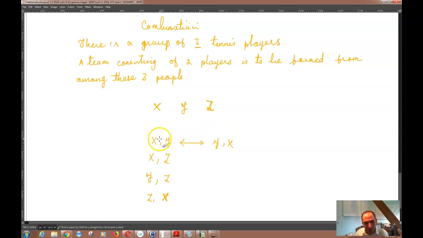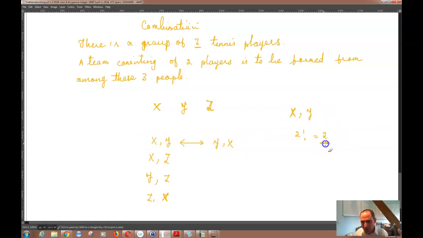For example, if I were to ask you what are all the permutations of x and y, you have x and y over here, and all of the permutations would be 2 factorial, which is equal to 2. So there are 2 ways of rearranging the letters x and y: x comma y, and y comma x.